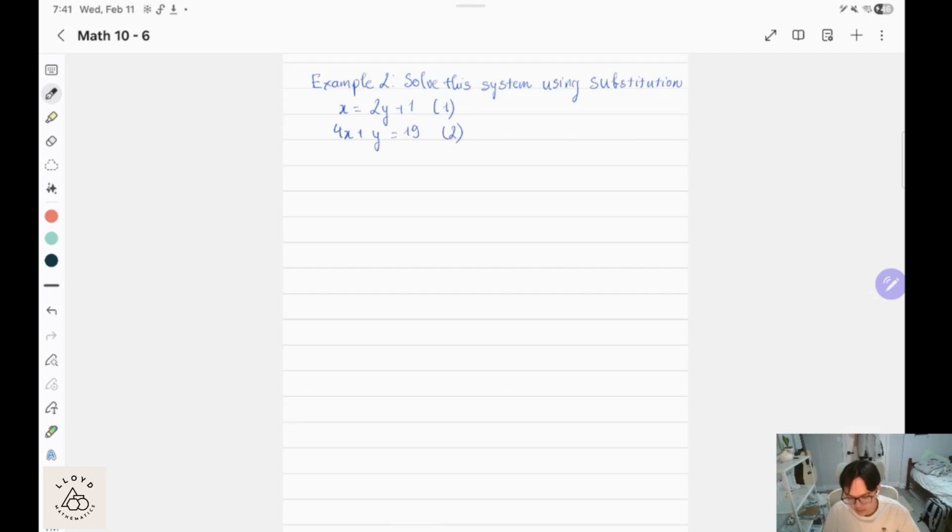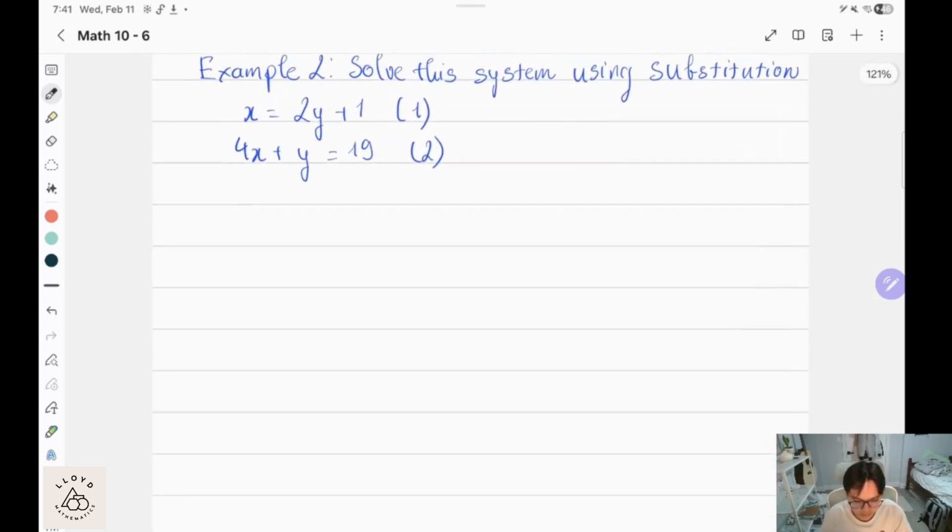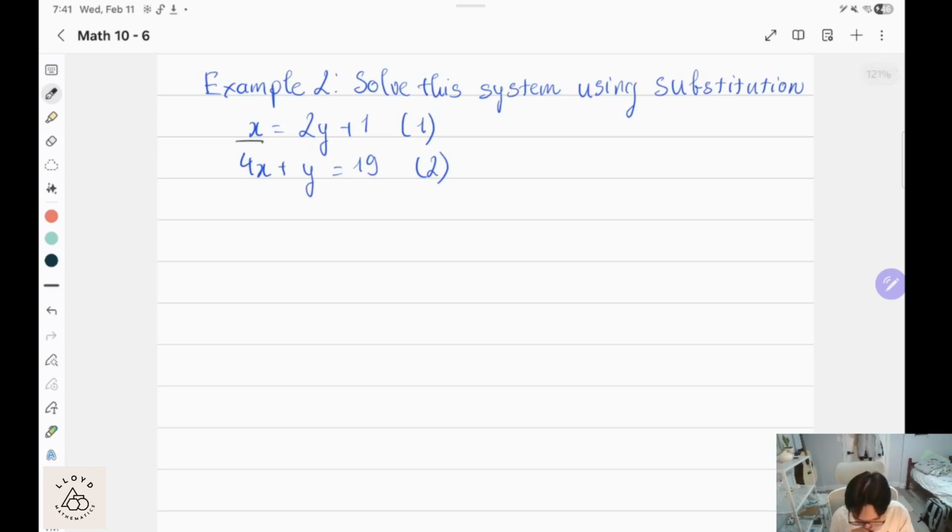Now solving this using substitution. Here we have x isolated in the equation. We don't see both y's isolated like in the first example, but we can still use this method because we can see x is isolated.